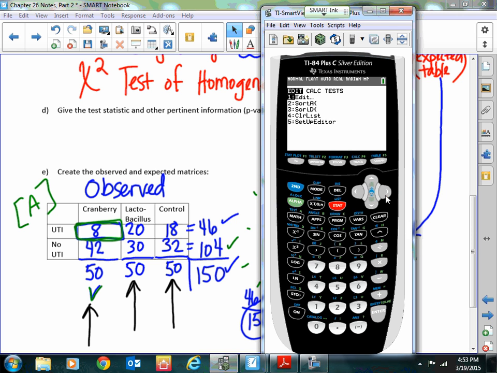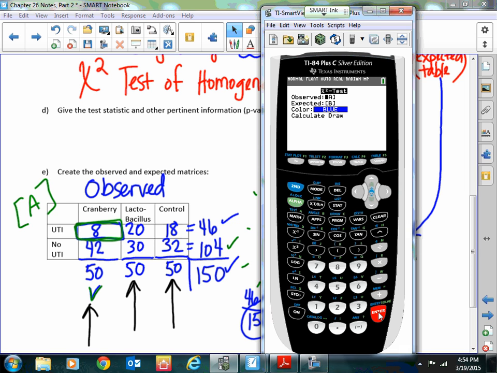Stat, over to tests, and find your good old chi-squared test. Not the goodness of fit test from yesterday, but this chi-squared test right here. All right, so we're going to hit that chi-squared test function, and it says observed.